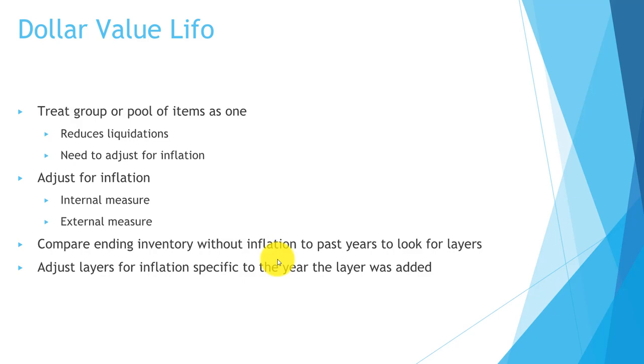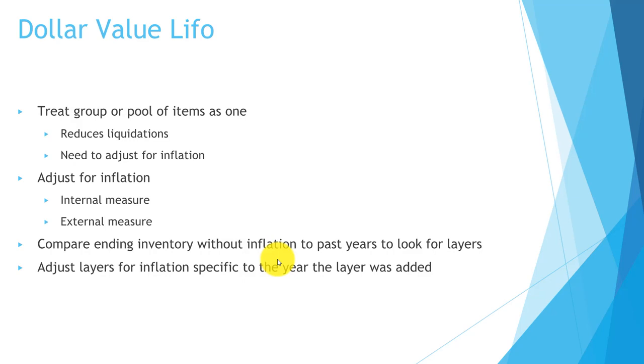So what you're going to do is adjust for inflation. Typically you're going to use an external measure of inflation, what prices are changing in the marketplace. You could use an internal one based on your pricing, how much you have raised your prices, but typically you'll feel more like you've got information that's verifiable if you use an external measure.